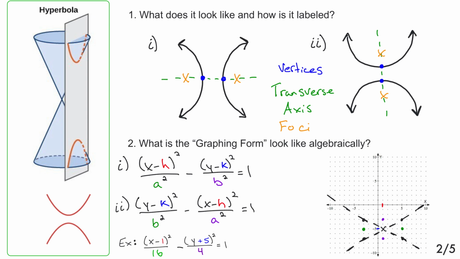The last thing, again, because the x part is the first part, it's the positive part, it is going to open in the x direction, and it will look something like this. And this would be a rough sketch of the ellipse, of the hyperbola that I have as an example. Now do note that I have not marked where the focal points are. I will be doing that and showing you that in a subsequent slide.